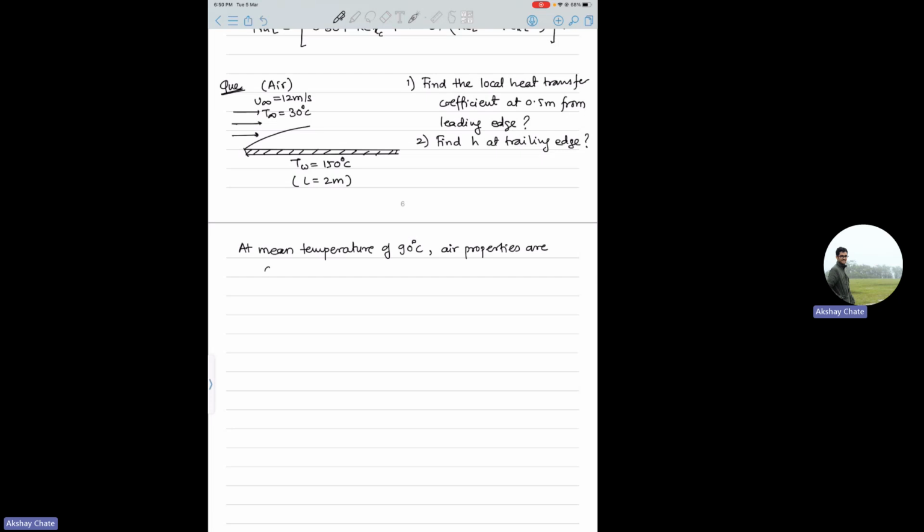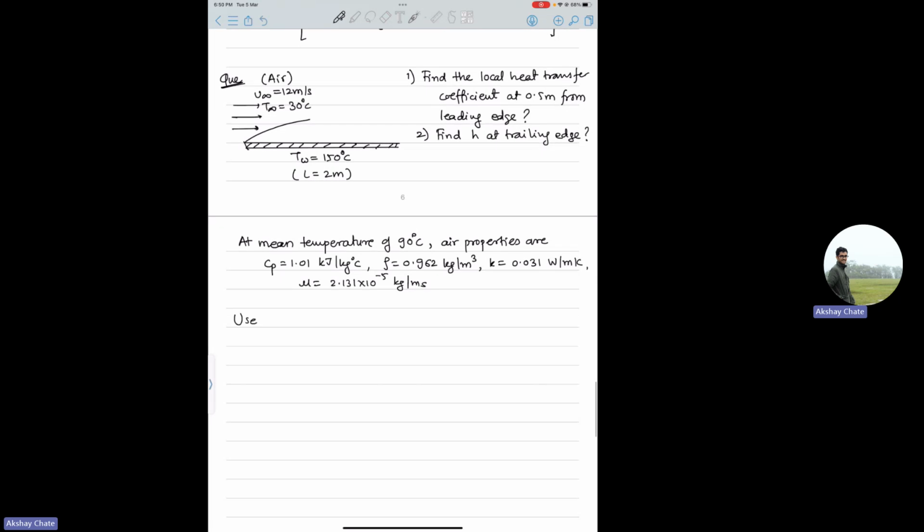They are: Cp is 1.01 kilojoule per kg degree Celsius. Density is 0.962 kg per meter cube. Thermal conductivity is 0.031 watt per meter Kelvin. And your dynamic viscosity is 2.131 into 10 to the power minus 5 kg per meter second.